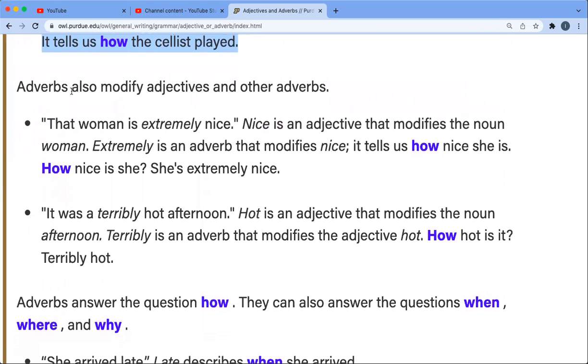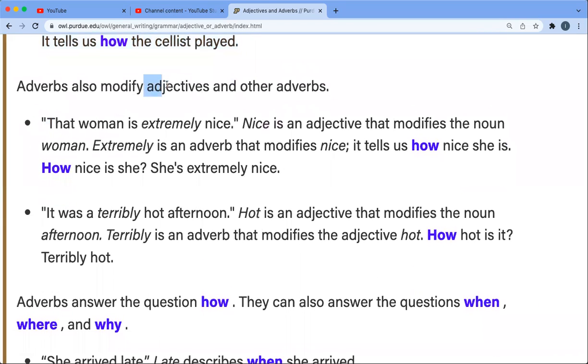In the second round, adverbs modify adjectives or other adverbs. If I say the woman is extremely nice, extremely is an adverb which appears after the verb be is, and then nice appears right after the adverb. This is the correct organization within your sentences. You put the adverbs first, preceding the adjective, and then the adjectives.